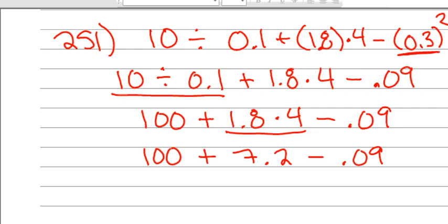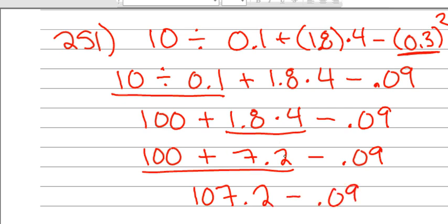Are you with me so far? We're just using the calculator. It makes it a lot easier. And last, I'm going to add, subtract, left to right. So I'm going to add these two together. And I'm going to get 107.2.